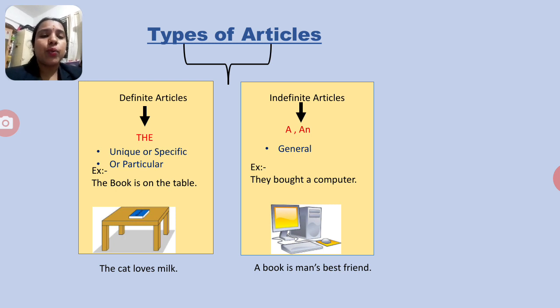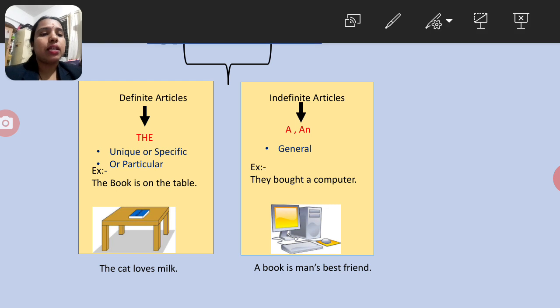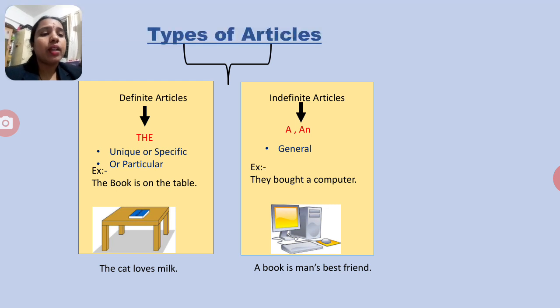In this proverb I have used a book, because it means any general book, not a specific one. So if it is general, that time we have to use a. Understand? Now we will see the definite article.